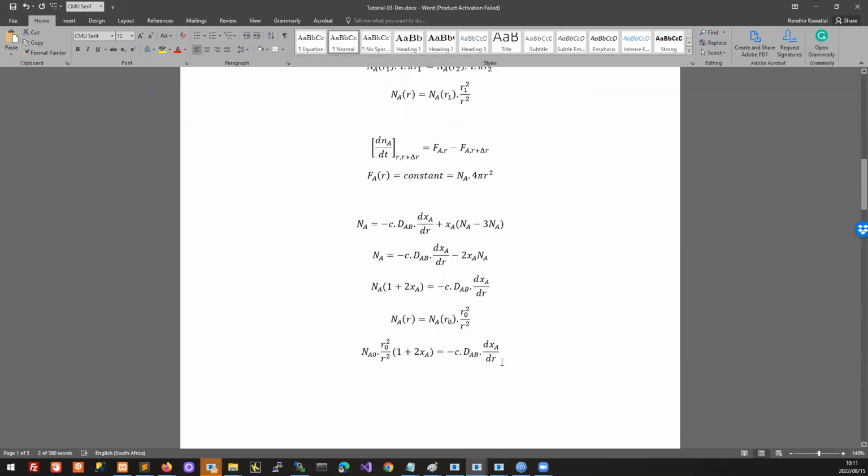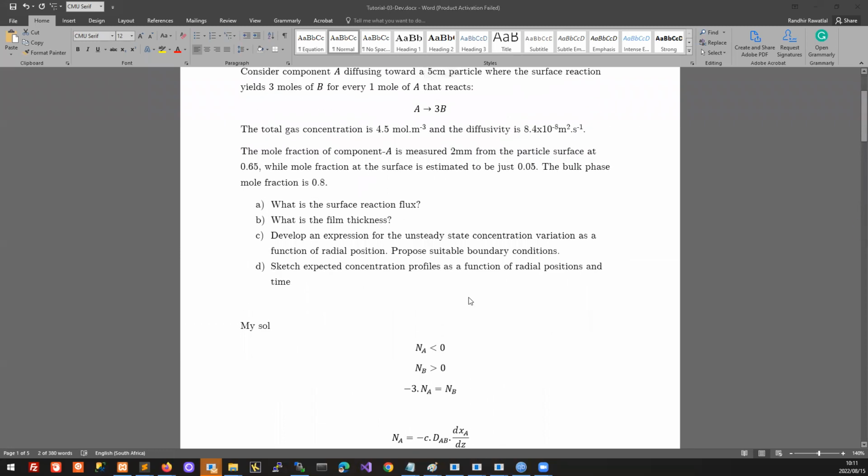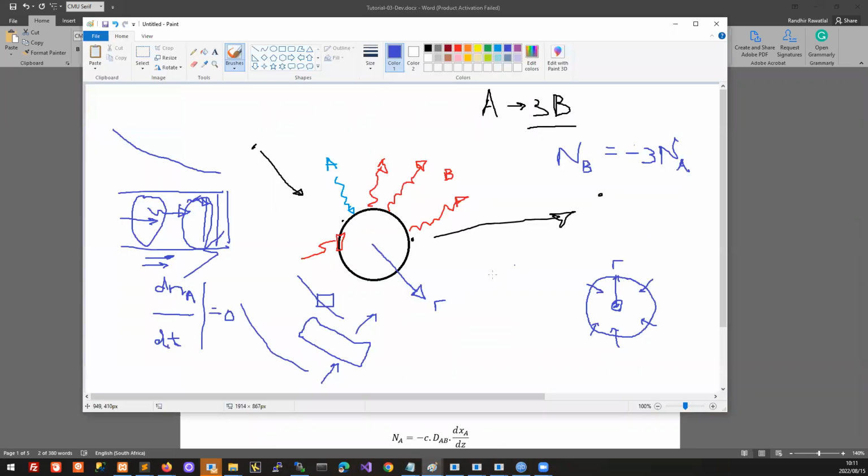Right? So you've got a particle that's 5 centimeters. When we say 5 centimeter particle, we mean this 5 centimeters like this. So if R is your position from the center, then this is 2.5 centimeters, right?